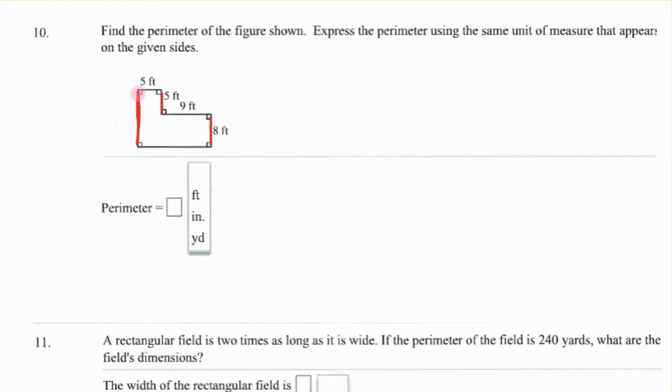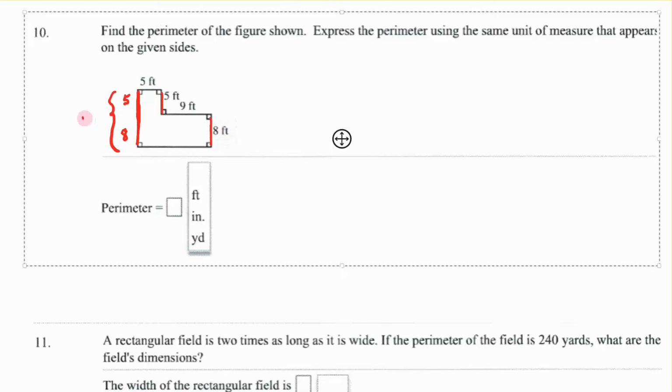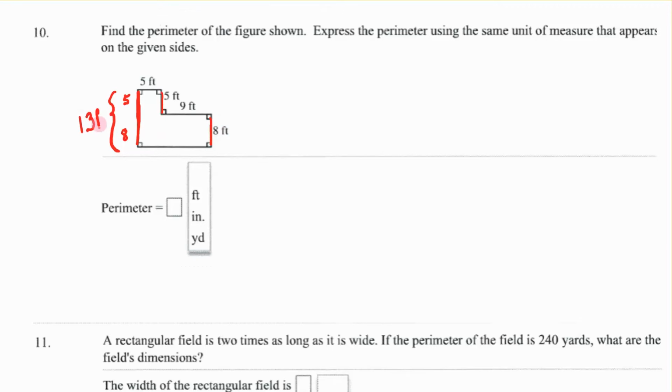So from here down to here, this part's going to be a 5, and then bring this over, this piece is going to be an 8. That means that the total length of this side is 13 feet.